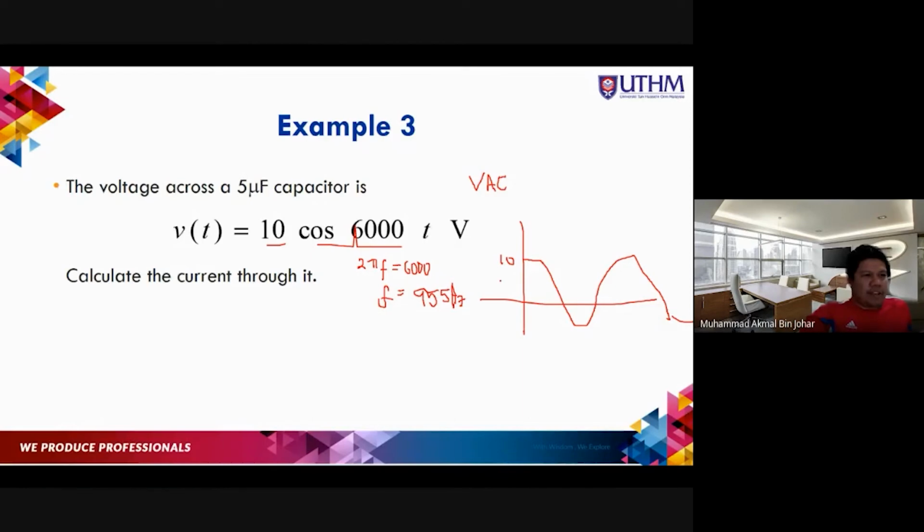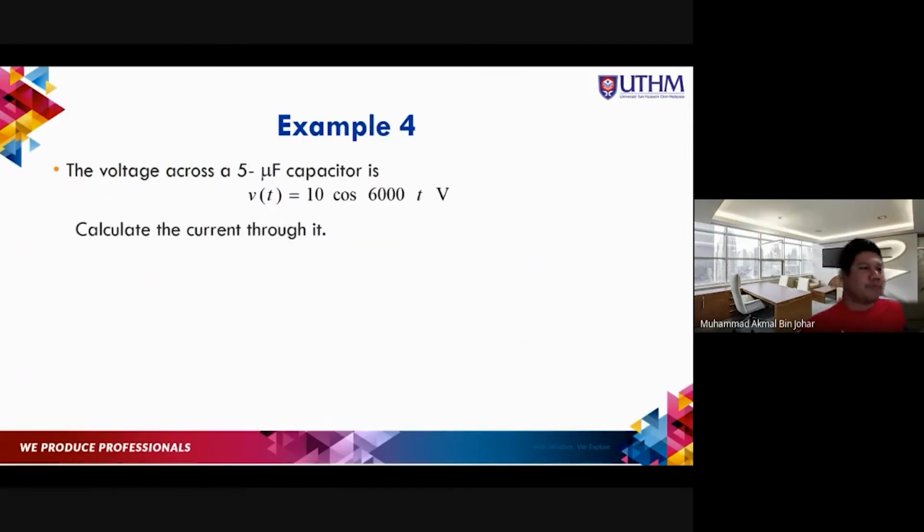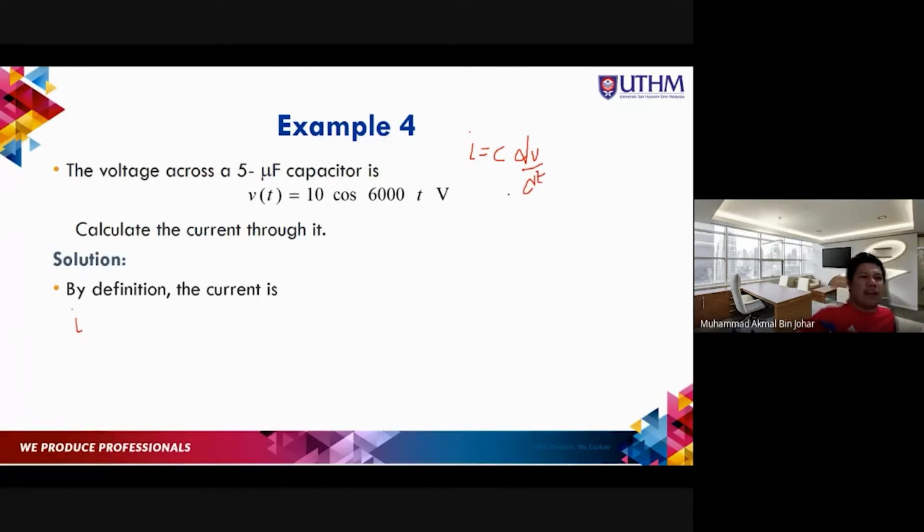Jadi voltage ni akan, so calculate current through it. So by definition, the current is, how can we calculate that? Current is I is equal to C dV over dt, kan? So we have C adalah 5 microfarad. You bezakan terhadap dV over dt.